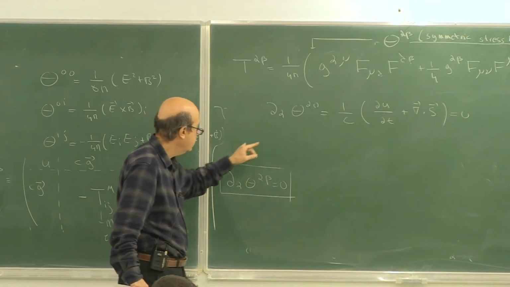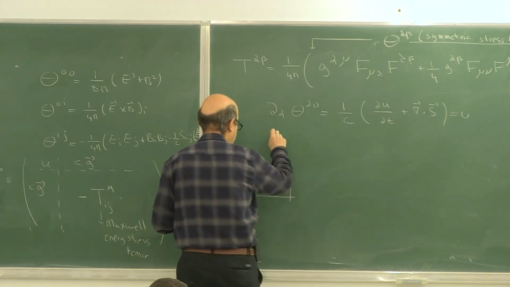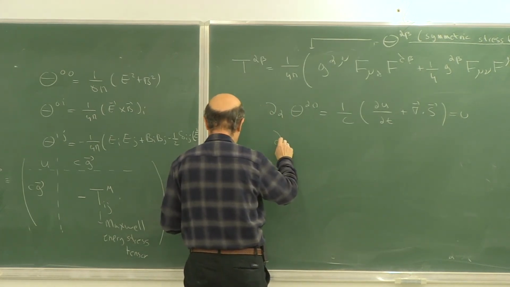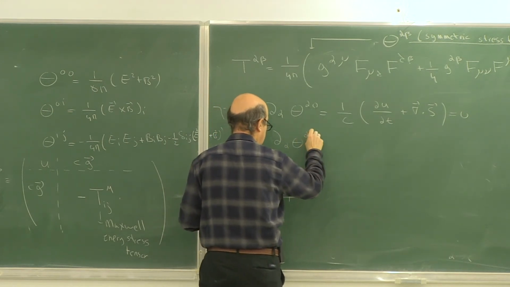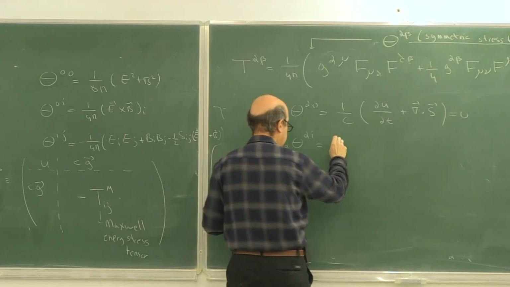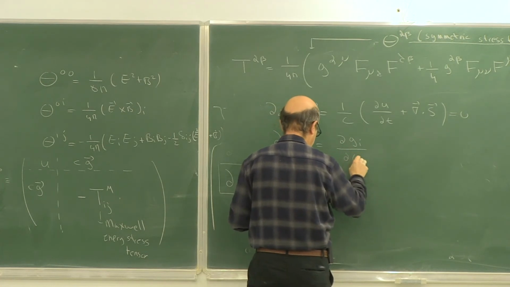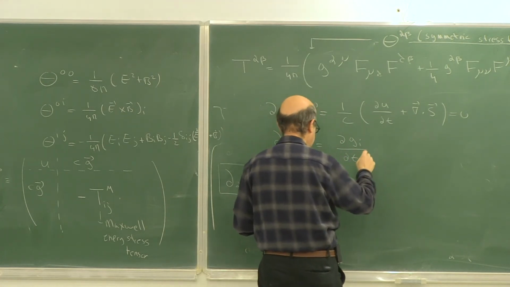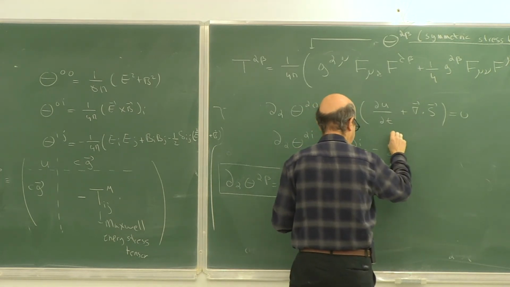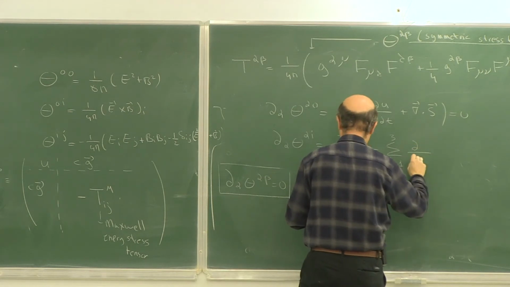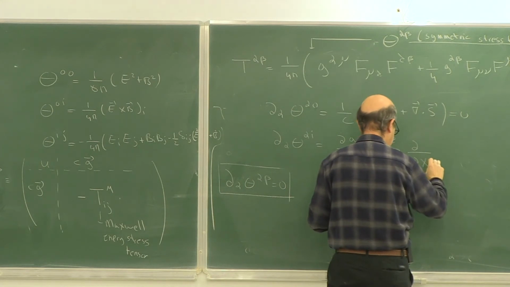And if you do del over del alpha for alpha i, you will find that the i component of the rate of change of the momentum density is related with the divergence of the Maxwell stress tensor.